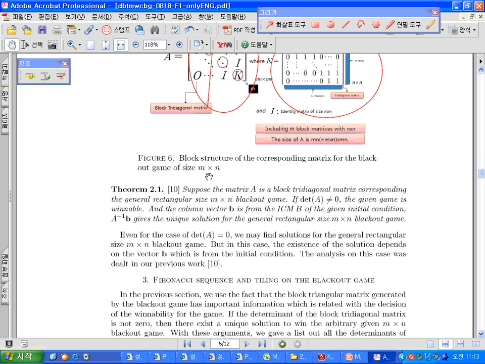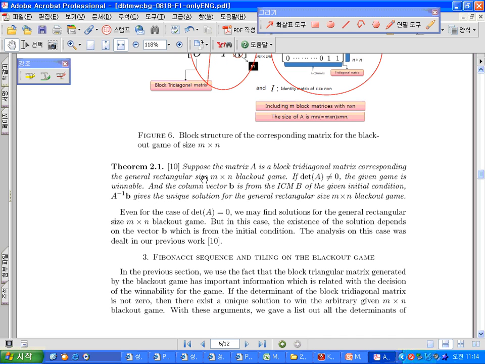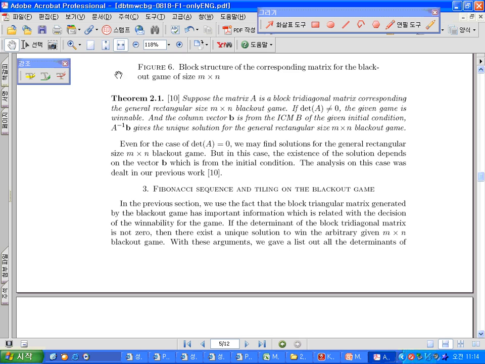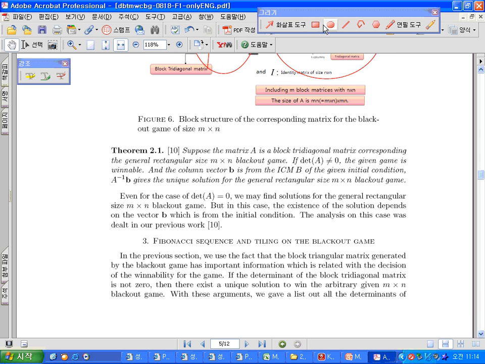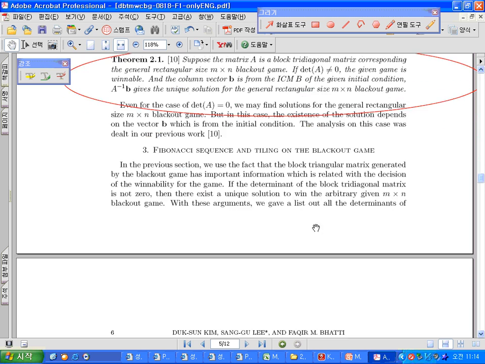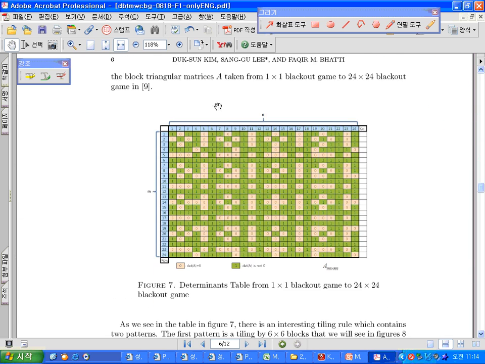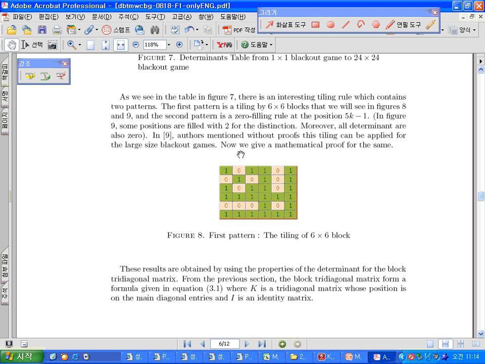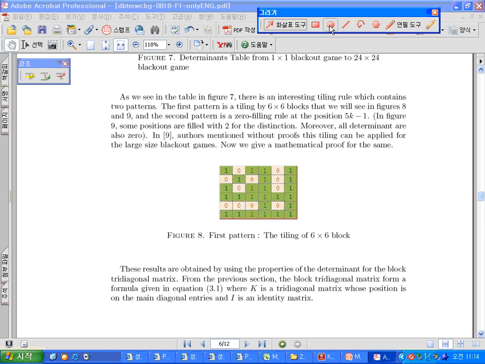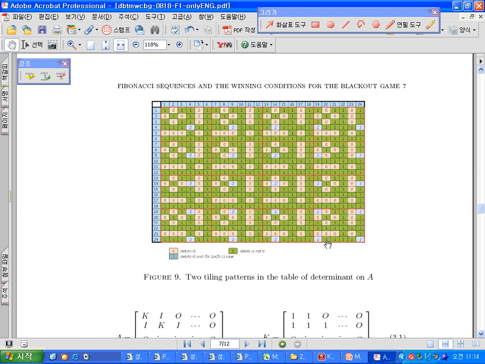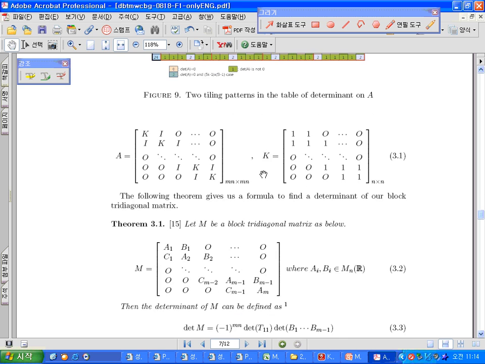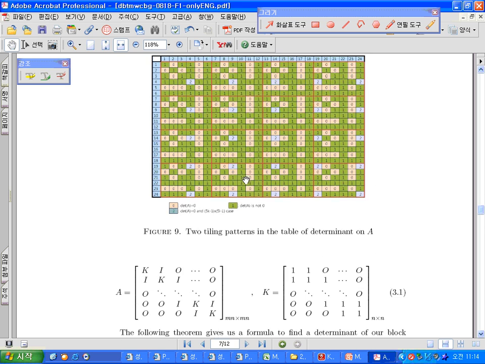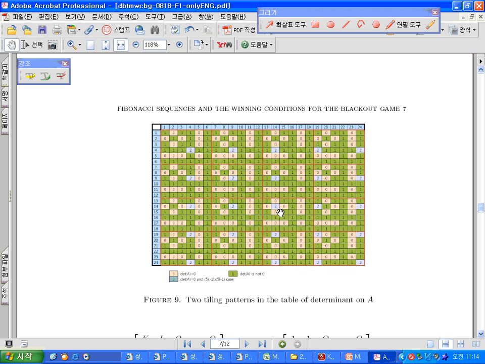We did the search and another search, and we found this is the theorem that we have shown in our previous papers, and this is the pattern that we found. You see, this is the block pattern that we had, and this is the pattern with this. So we have this conjecture. We want to prove it.